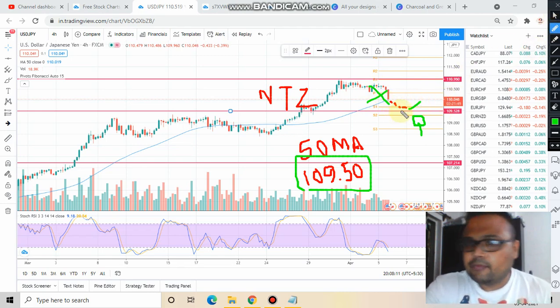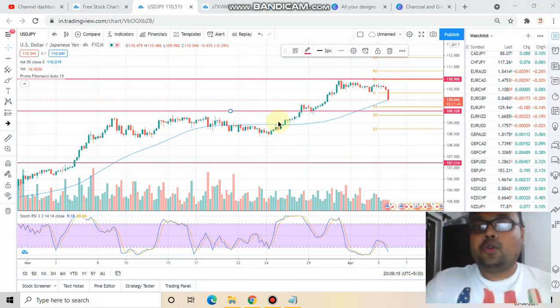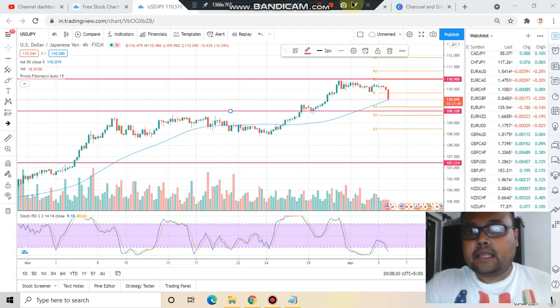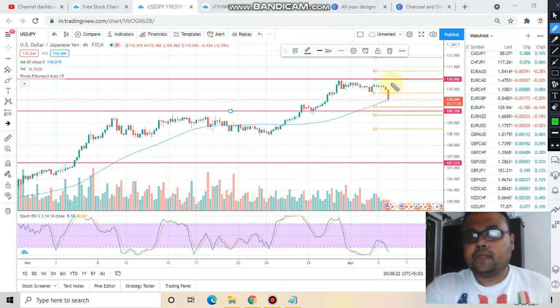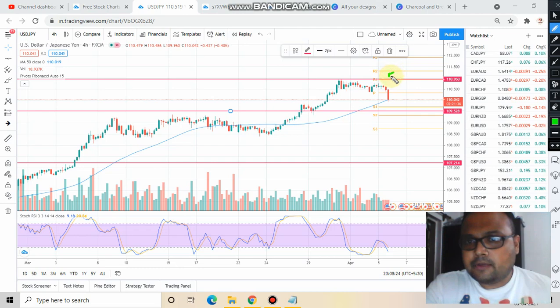On the other hand, if market reverses and crosses this level, then you can go long. But do remember, market is in the resistance zone. So if you enter just above this resistance, then do remember 111.60.